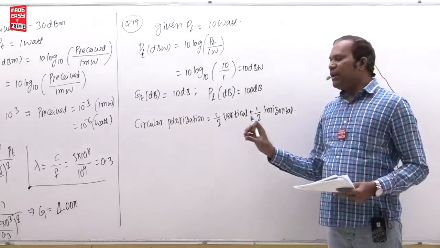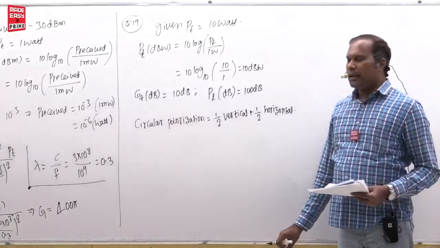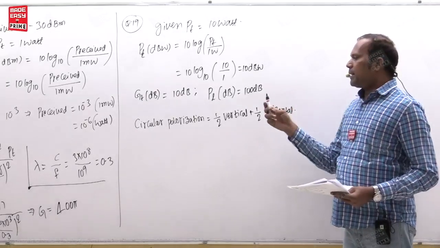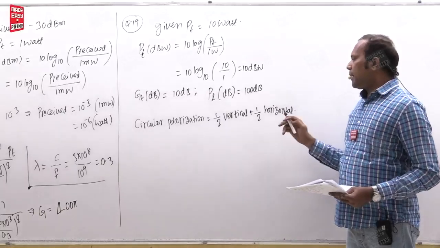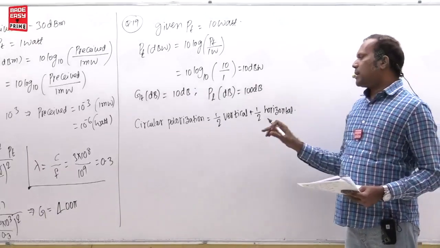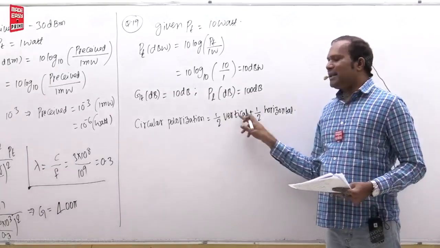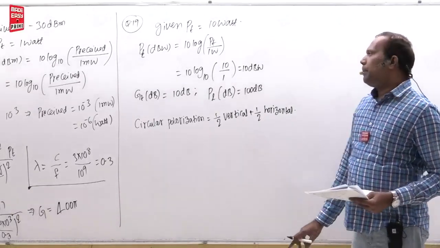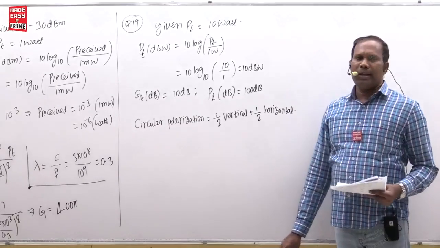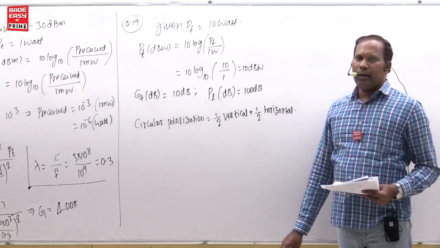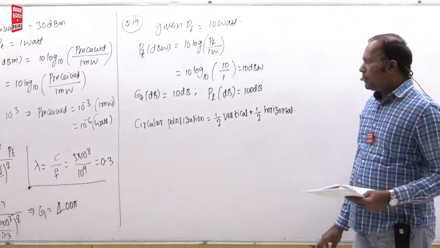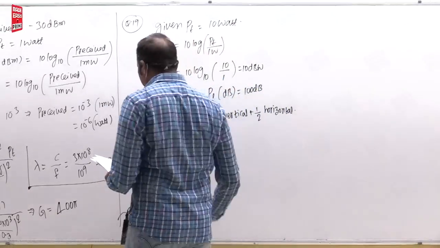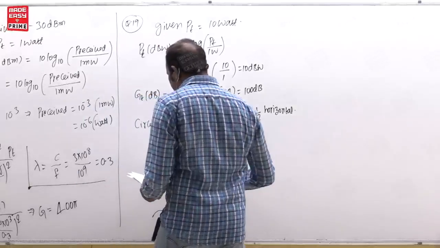Now the receiving antenna is given as vertically polarized. If the receiving antenna has vertical polarization and the incoming signal is circular polarization, it receives only half of the power. If P in is the power, then power received is equal to half of the P in. In that way you can calculate the gain of the receiving antenna.